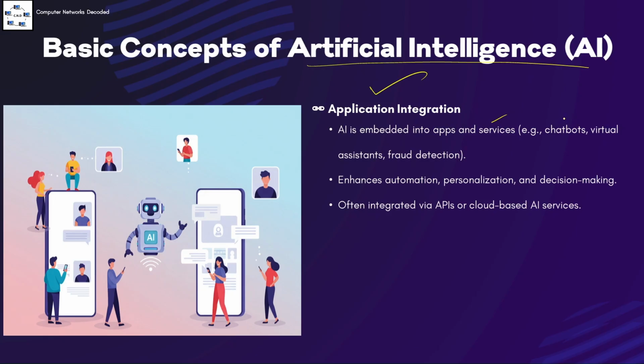For example, it is nowadays embedded into chatbots, virtual assistants, and different fraud detection technologies. This integration enhances automation, personalization, and decision making, and it is often integrated through APIs or cloud-based AI services.